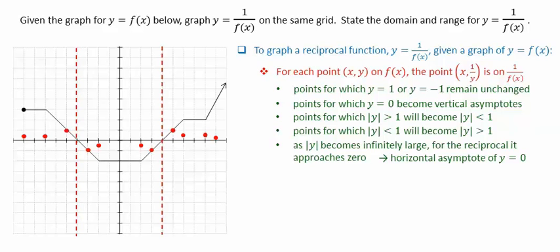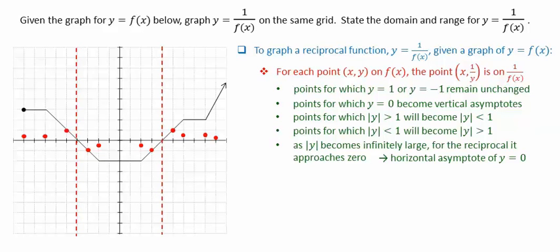Any straight horizontal segments for y equals f of x will be straight horizontal segments on the reciprocal graph. Slanted segments on the original graph will correspond to curved sections on the reciprocal graph.